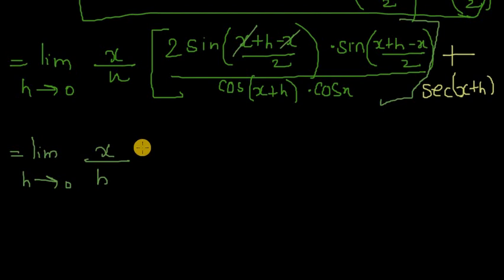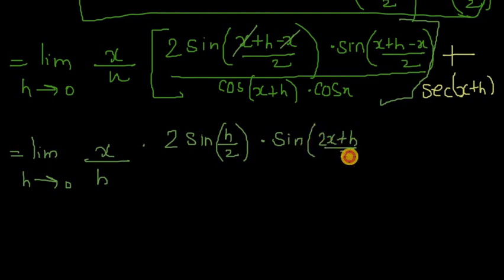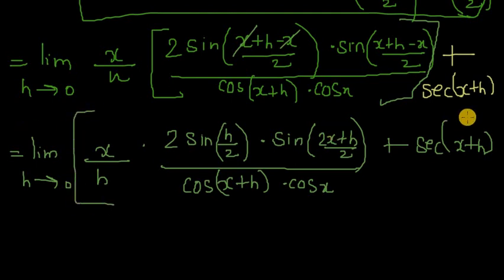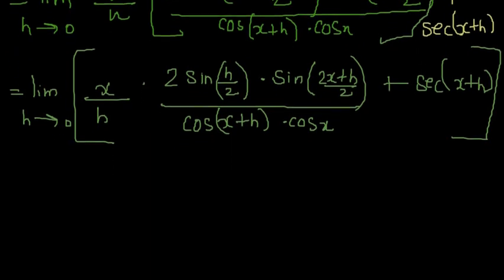That is 2 sine of h by 2, into sine of (2x plus h) by 2, divided by cos of x plus h into cos x, plus sec of x plus h. The limit is for this complete thing. This part is completely similar to the previous problem.